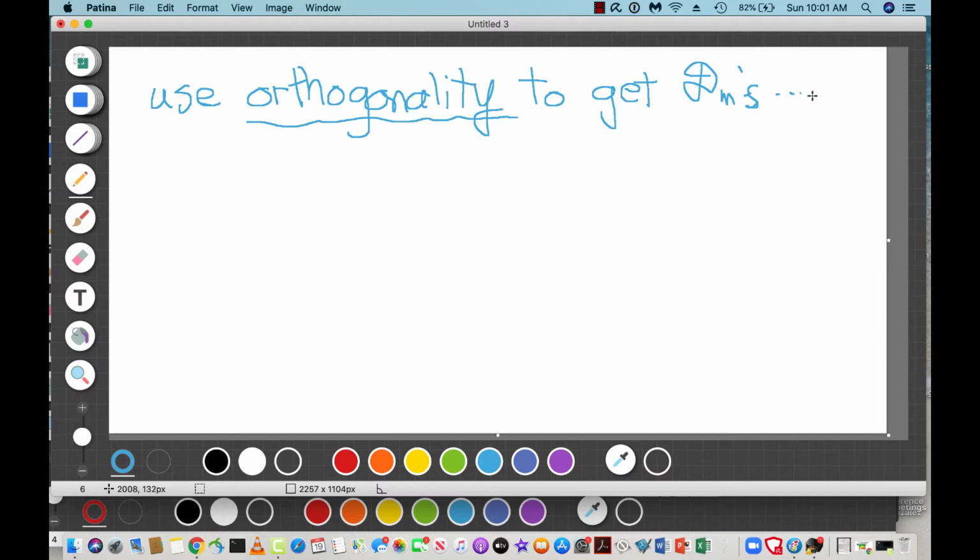And so how that works is as follows. You multiply the expression on the previous page by one of the functions. And actually what you have to do is multiply by, I think, the complex conjugate.